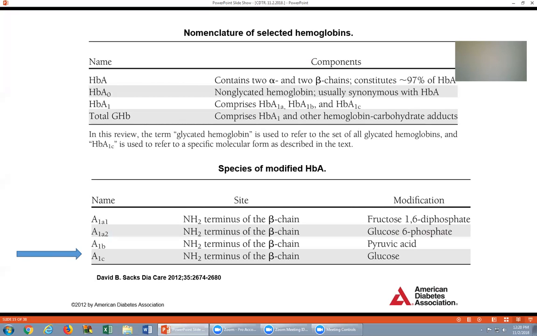And then A1c is just one out of all of these. And no wonder Dr. Stoyanov was telling me that when you're measuring just the A1c, there may be situations where you are missing other products, or there might be a difference in how different people are doing this.